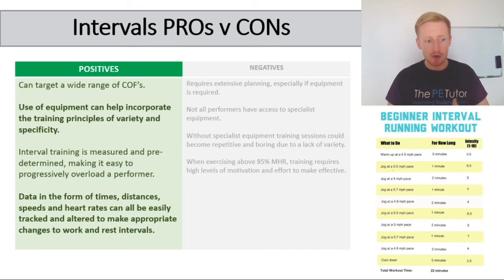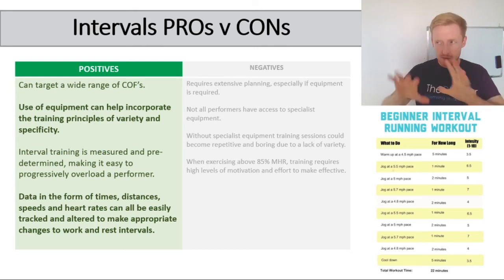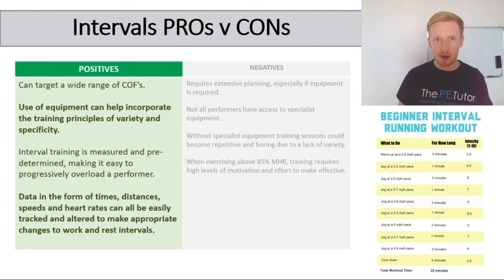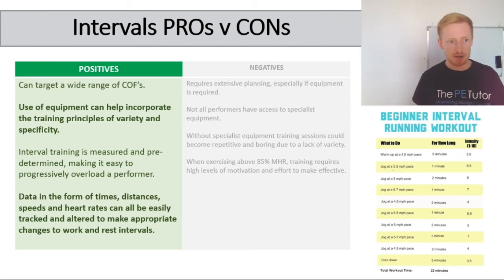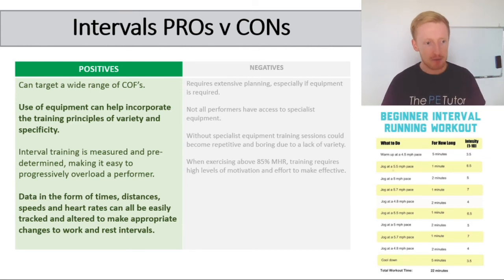If we're using those running, swimming, rowing, cycling contexts, it doesn't require too much in the way of equipment. Perhaps not so much for the rowing and cycling like we've already said, but walking, running, swimming, very accessible, very cost effective.